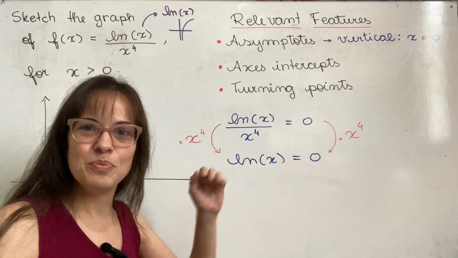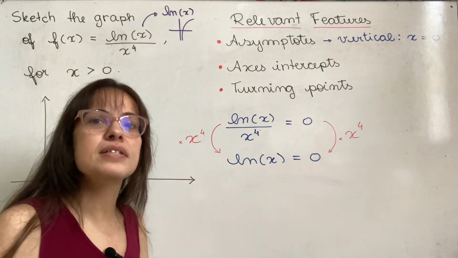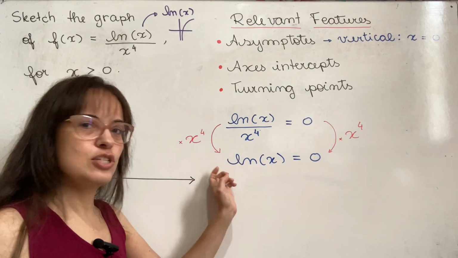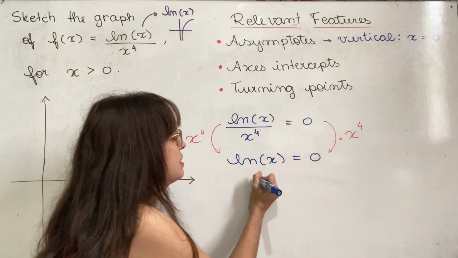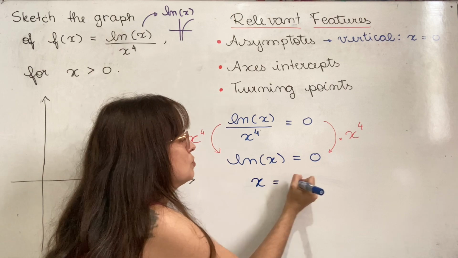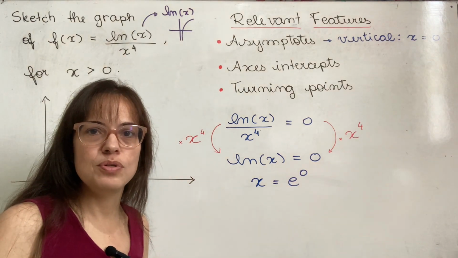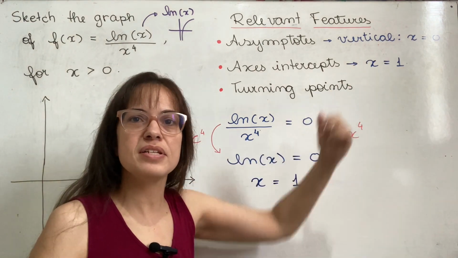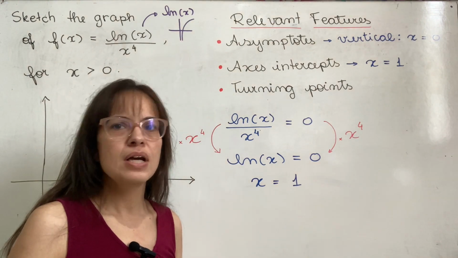The x is going to be 1. But if you don't remember it at the time, you can still find it by just using the definition of log. Remember that ln is log base e. So you're going to switch it around and say that x is equal to e to the power of 0, and anything to the power of 0 is 1. So I've already put that on the list. There is an x-intercept at x equals 1. It's the only one, right?